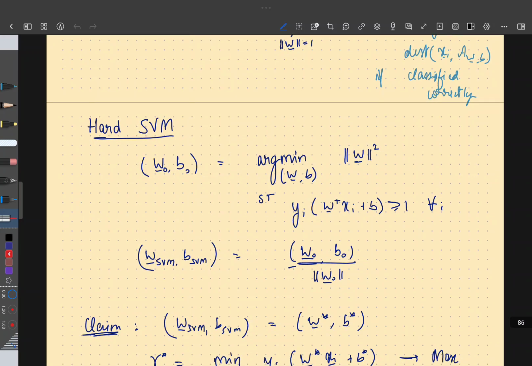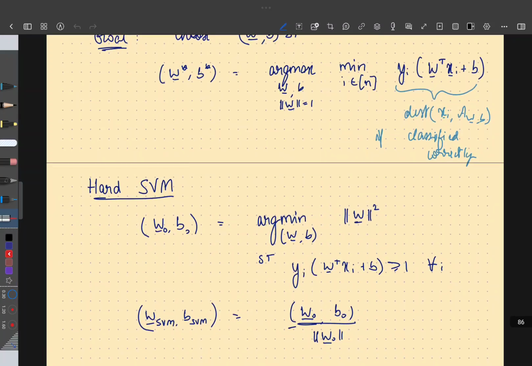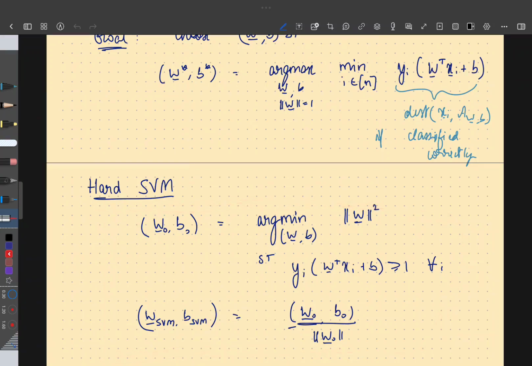And we saw that this could be solved using the following hard SVM algorithm. The advantage of using the hard SVM algorithm is that it's a nice convex optimization problem that we can solve. And we showed that the solution to this optimization problem is the same as the solution to this particular optimization problem.